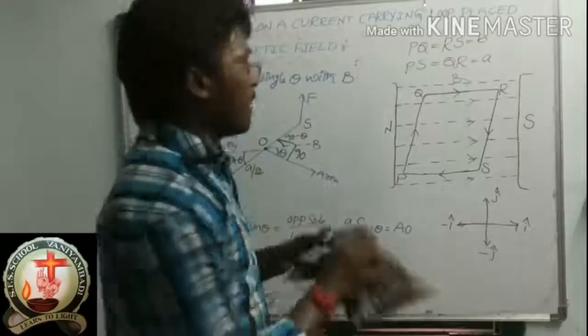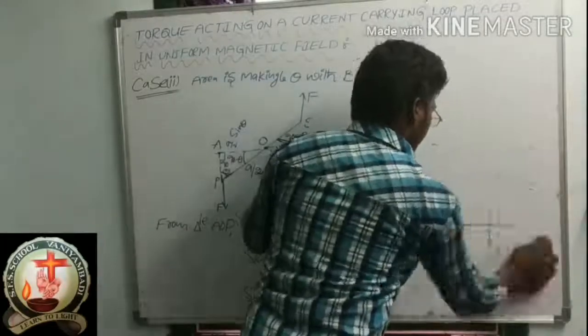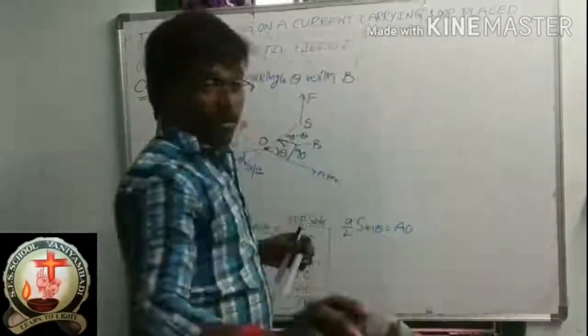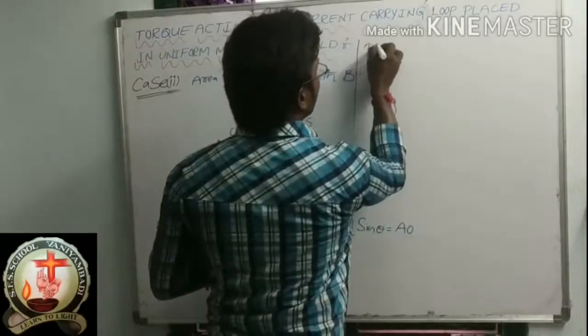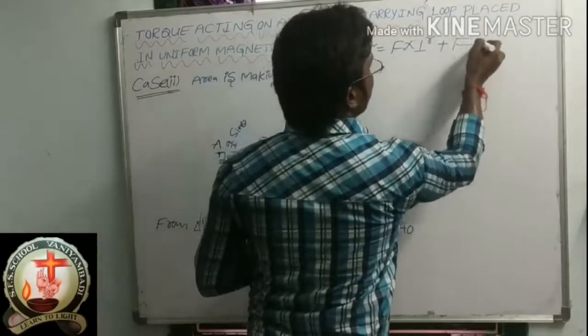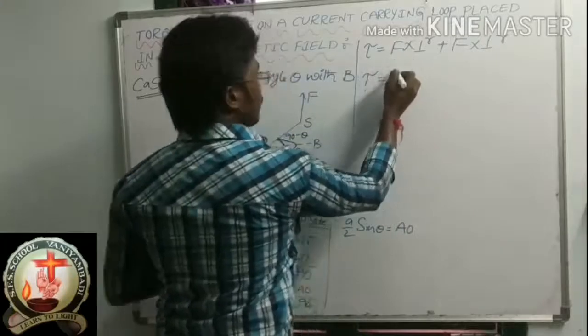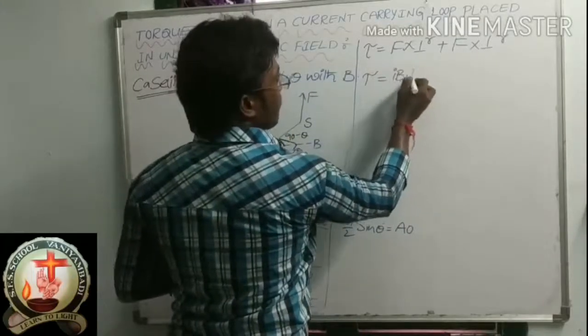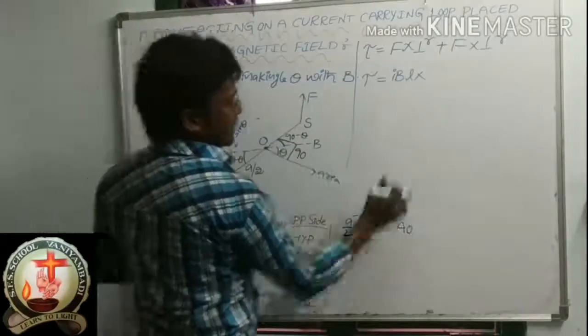Now take the formula. Torque tau is equal to force into perpendicular distance plus force into perpendicular distance. The force value is IBL, and the perpendicular distance AO is A by 2 sin theta.